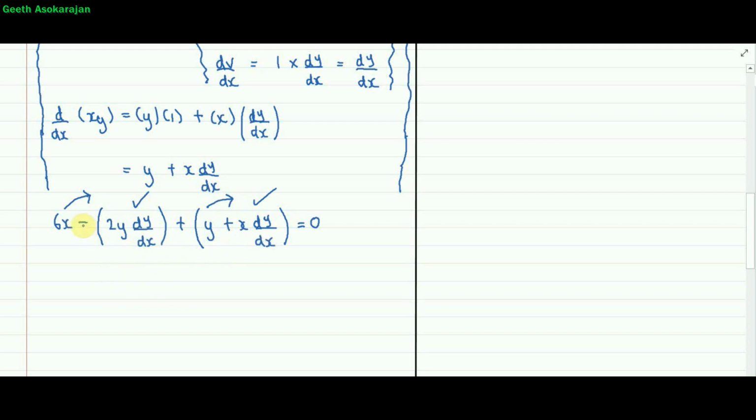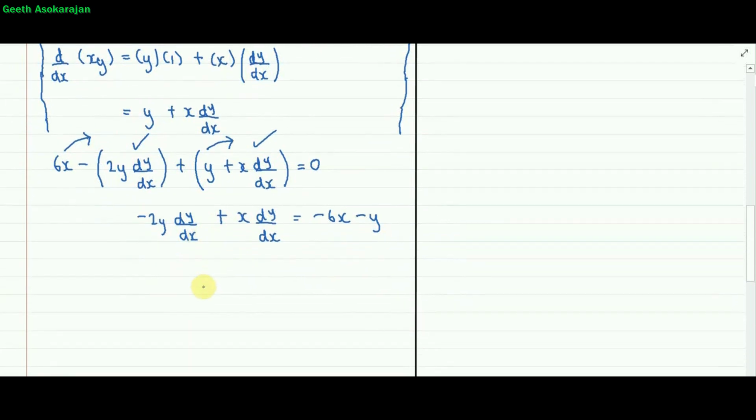So on the left hand side, I've got a minus 2y dy over dx, plus x dy over dx, and that is equal to, if I bring the 6x to the right hand side, that would become minus 6x, and if I bring the y to the right hand side, minus y. And now let me take a common factor of dy over dx.